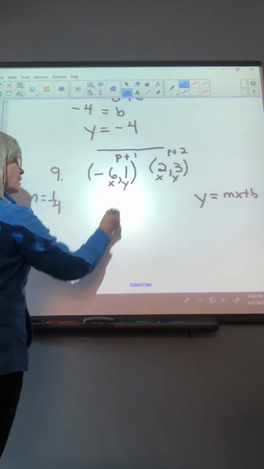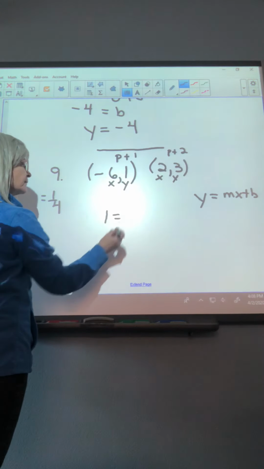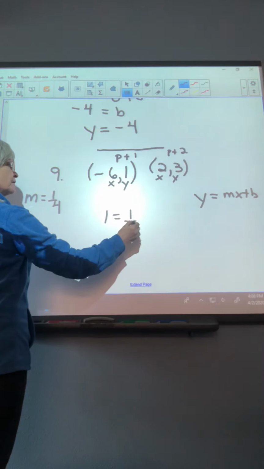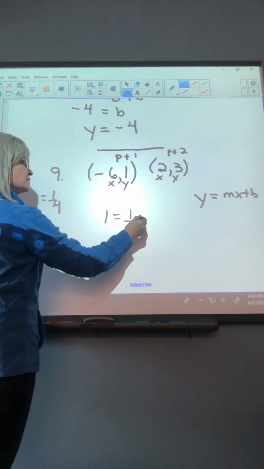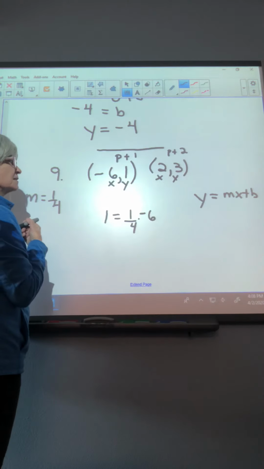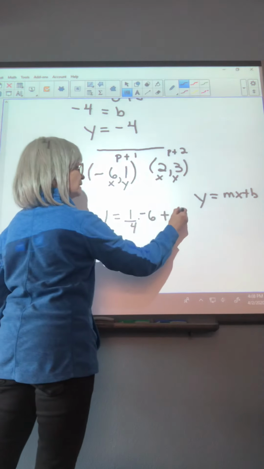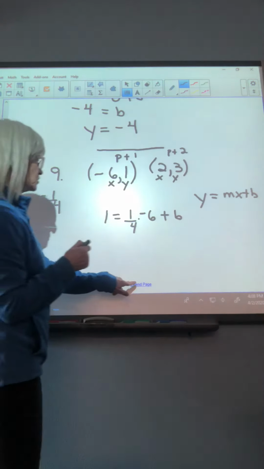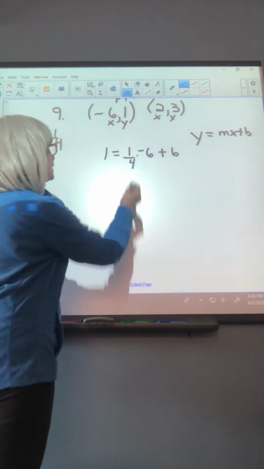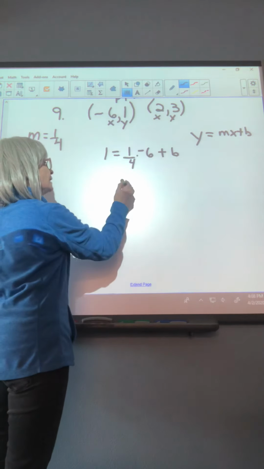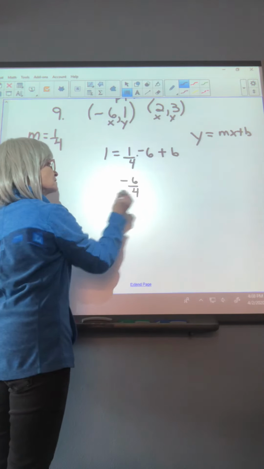And so for the y, I'll write 1 is equal to, remember the slope is 1/4. The x then is going to be a negative 6, so that'll be times the negative 6. And then we're solving for b, so I put plus b at the end. So I start by multiplying 1/4 by a negative 6, and I get a negative 6/4.